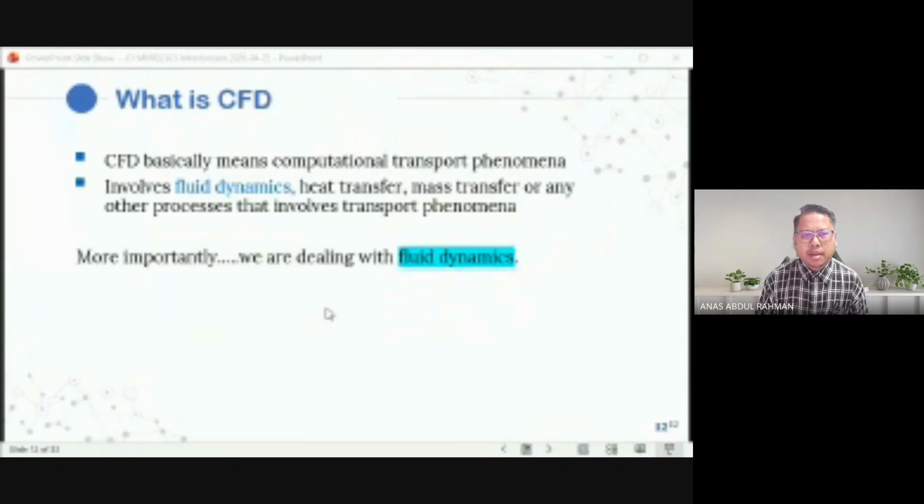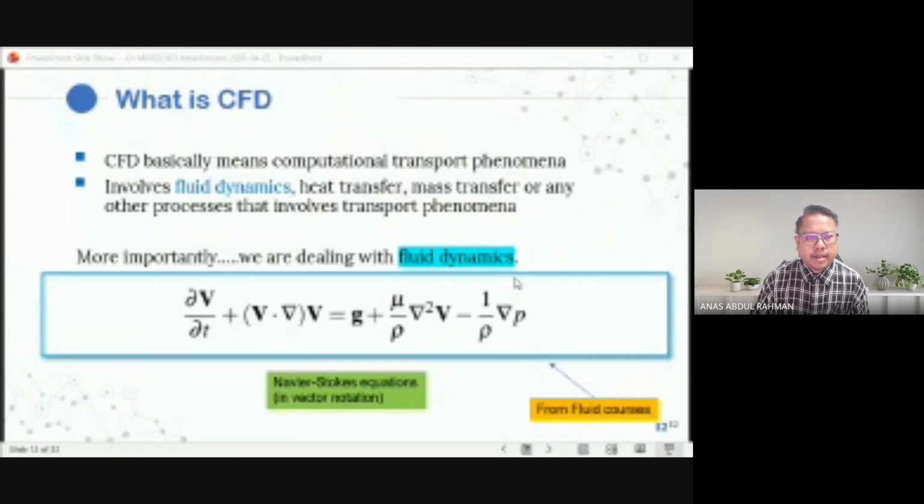Okay, I'm pretty sure all of you have taken fluid dynamics, so it helps us to have some background before we dive further. If you have taken fluid dynamics, then I'm pretty sure you are quite familiar with the Navier-Stokes equations.